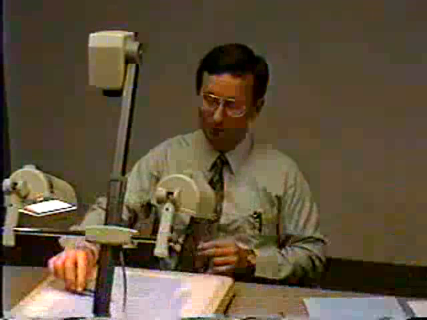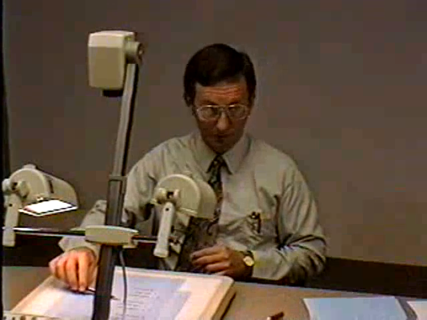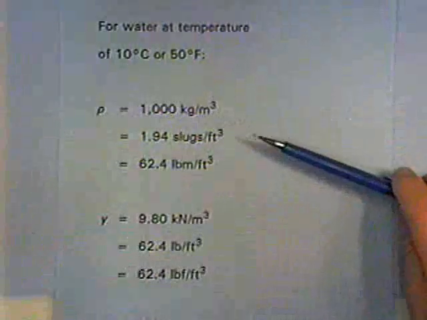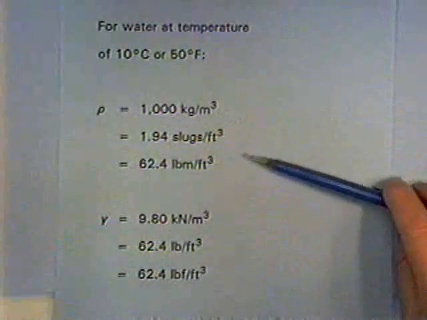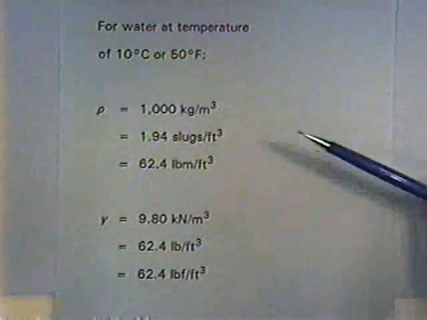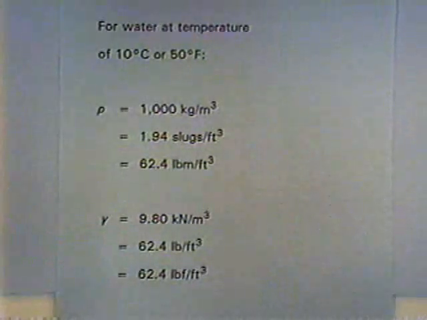And of course, the equivalents in the other units are shown here too. Density is 1.94 slugs per cubic feet, or 62.4 pound mass per cubic feet, and the unit weight is 62.4 pounds per cubic feet, or 62.4 pound force per cubic feet.